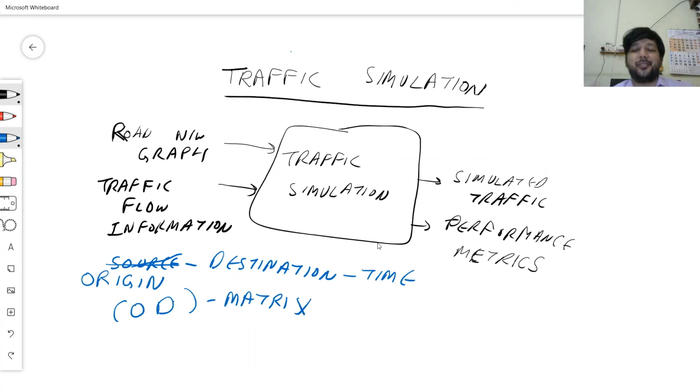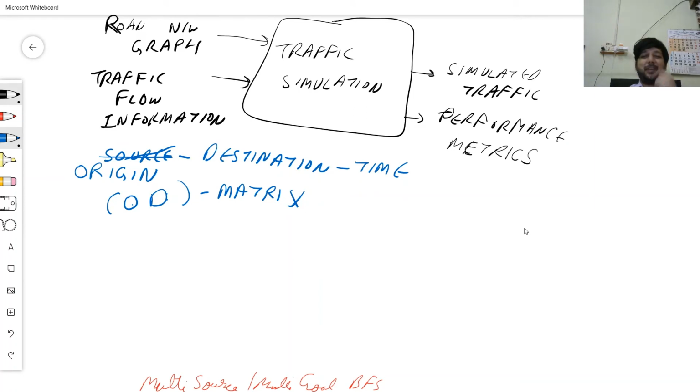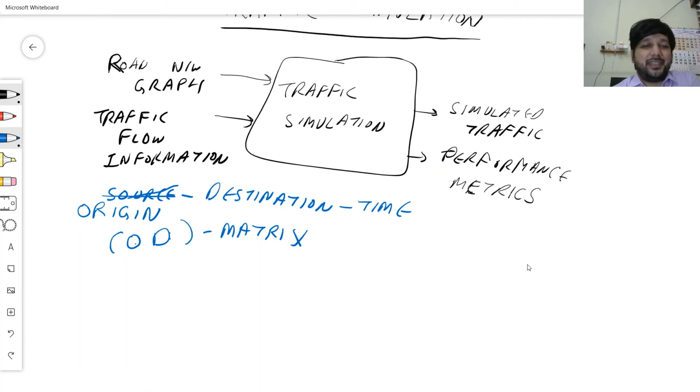So it's actually a 3D matrix which says from which source to which destination at what time, how many vehicles flow. Remember, it's macroscopic, so I won't say one vehicle goes from IIIT Allahabad to Civil Lines. I will say at this much amount of time, 25 vehicles go from IIIT Allahabad to Civil Lines. So that's my OD matrix.